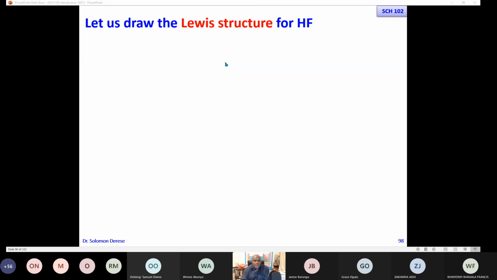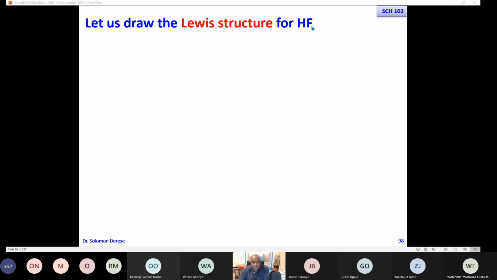So let me start by revising what we looked at in the previous lecture, drawing the structure of hydrogen fluoride, HF. This HF is a covalent molecule that has a covalent bond between hydrogen and fluorine.